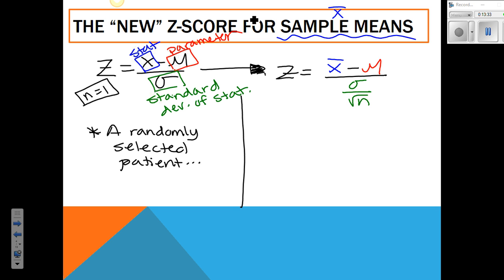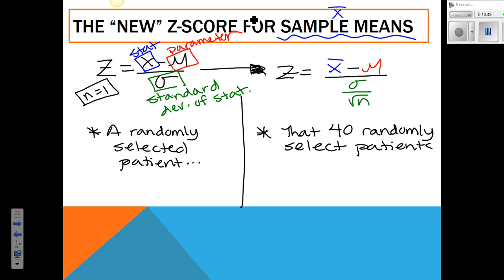This new one here is going to be, what's the probability that 40 randomly selected patients have blah, blah, blah.